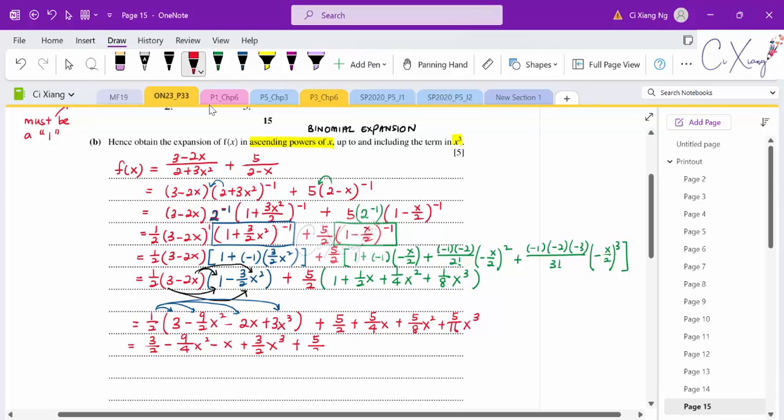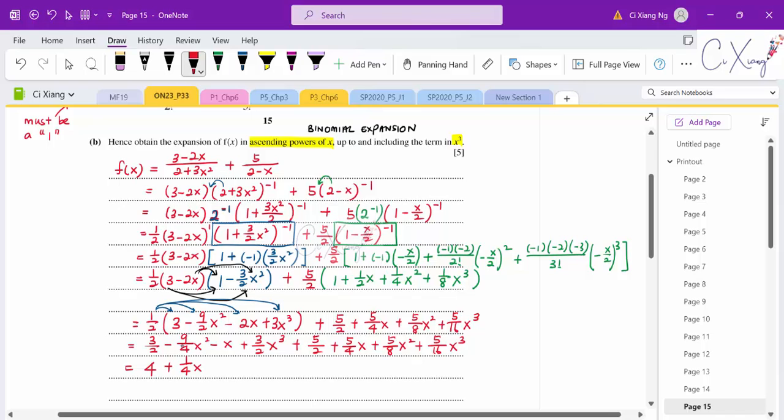Then next step is, again, you can try to group all the x together, all the x squared together, and also all the constant terms together. Then you can try to sum them up. So 3 over 2 plus 5 over 2, you get 8 over 2, which is 4. Then for the terms in x, negative x plus 5 over 4x, by right you're having 1 over 4x.